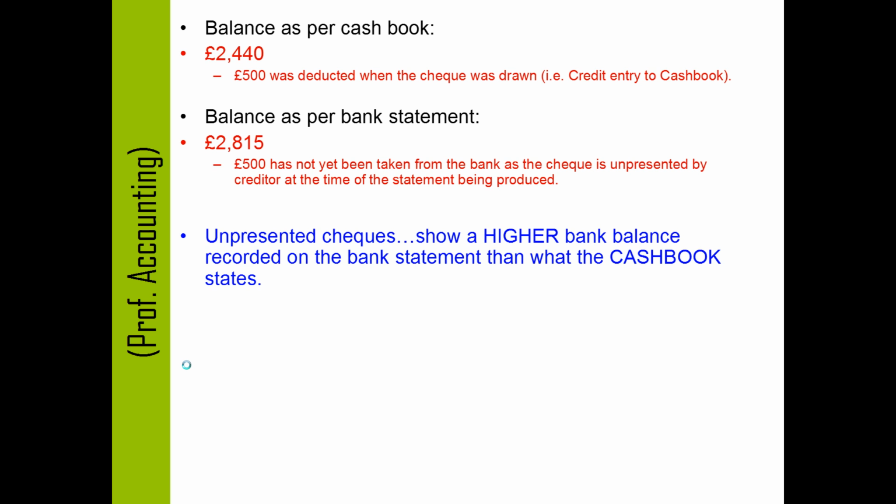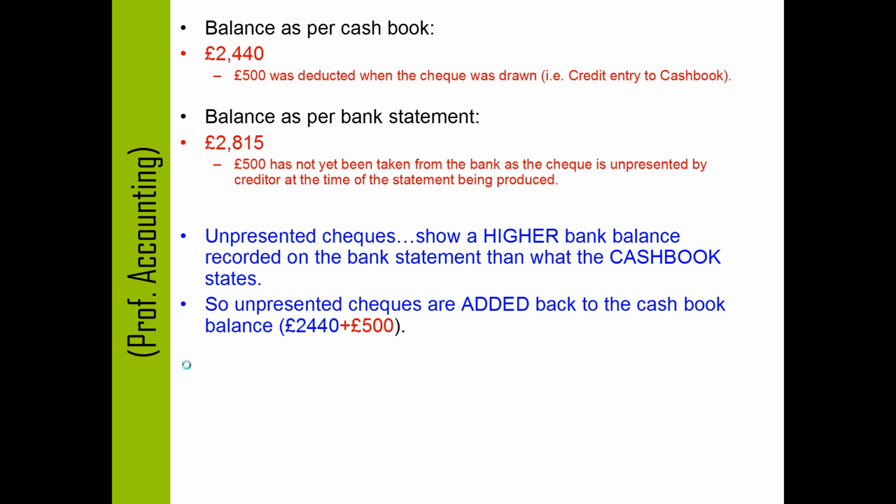Because the 2815 in the bank statement hasn't been affected by that unpresented cheque, and the cash book has been affected, we have to compare like for like. So the 2440 has to be inflated by the £500. So we add back the £500. So any unpresented cheques that occur, you could have one, you could have three, whatever, they're added back to the balance as per the cash book.